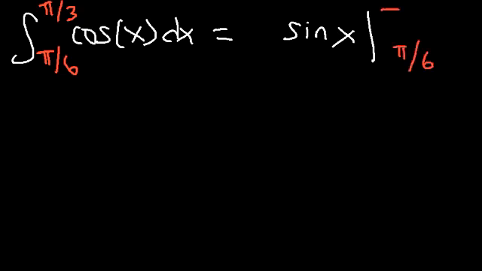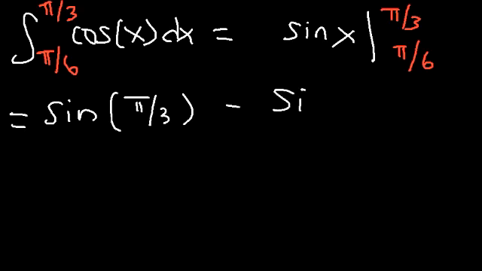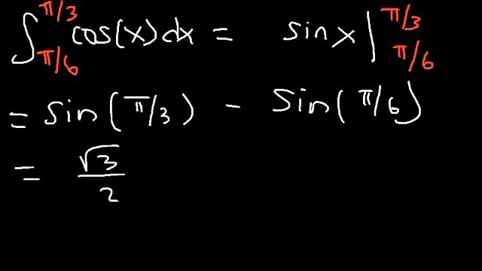So what we now have is sine pi over 3 minus sine pi over 6. Pi over 3 is like 60 degrees, and sine of 60 is root 3 over 2. Pi over 6 is 30. Sine 30 is 1/2.